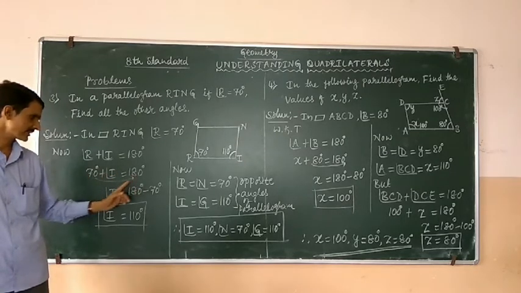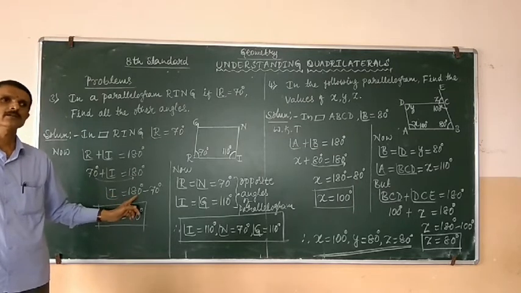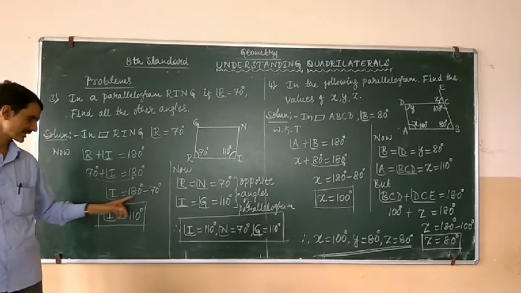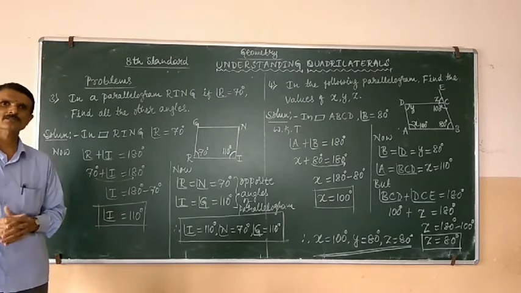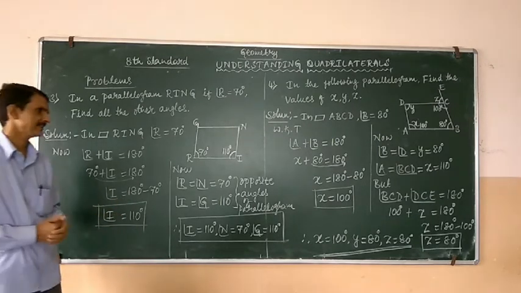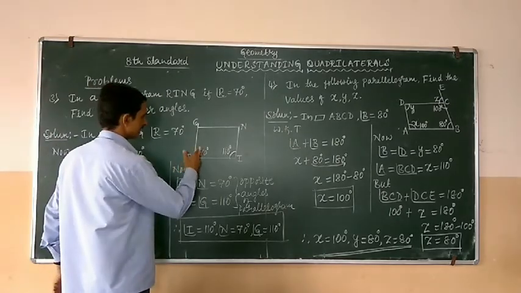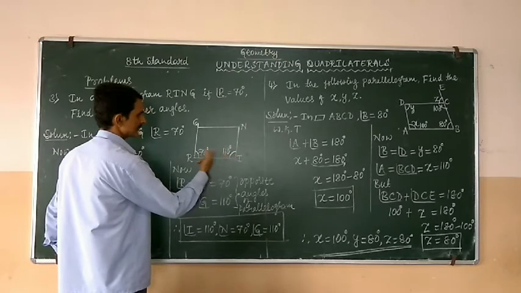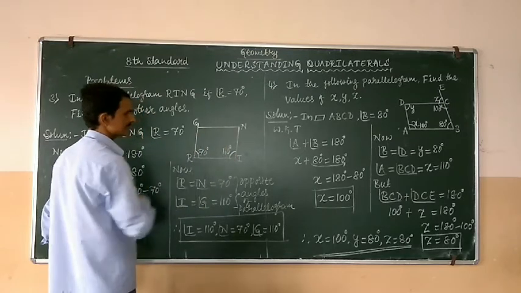Transfer this to the right side, and you will get angle I equals 180 minus 70 degrees. If you subtract, you will get angle I equals 110 degrees. They have given the value of R, and we have found the value of I.